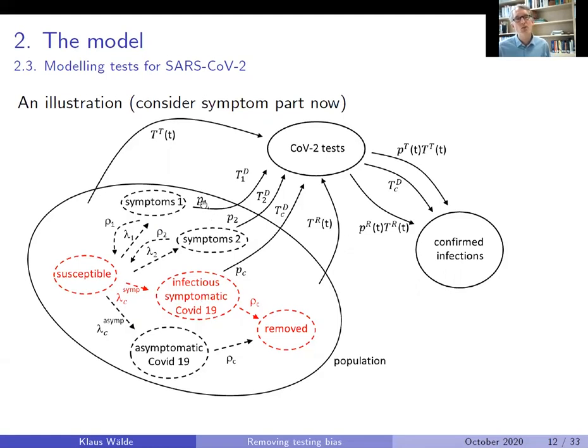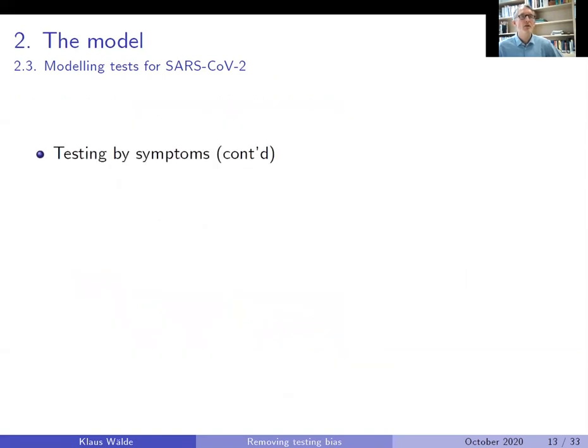The doctor decides with a certain probability whether we undertake a test or not. And then the test is undertaken, and then actually we observe something for the first time. All of this is not observed, and this is why we have all these dashed lines. In standard data, we don't know how many people have which symptoms, but we do observe, and this is why we have solid lines, the number of tests, and we of course also observe the population size and so on. Okay, so this is testing by symptoms.